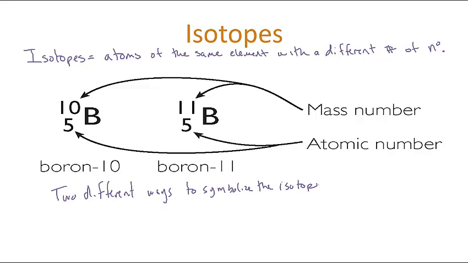So up here, we have the chemical symbol, which is right here. For boron, it's B. On the top is the mass number of that specific isotope, and on the bottom is the atomic number.